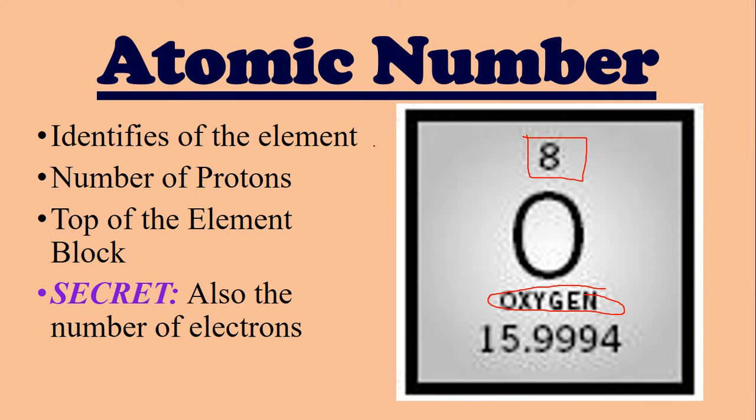Not only does it tell what element it is, because there's only one element that is 8, it also tells us the number of protons. That means oxygen has 8 protons. And it's at the top of the element block, as you see. But the secret that no one knows: since atoms are neutral, it also indicates the number of electrons. So oxygen has 8 protons and 8 electrons.